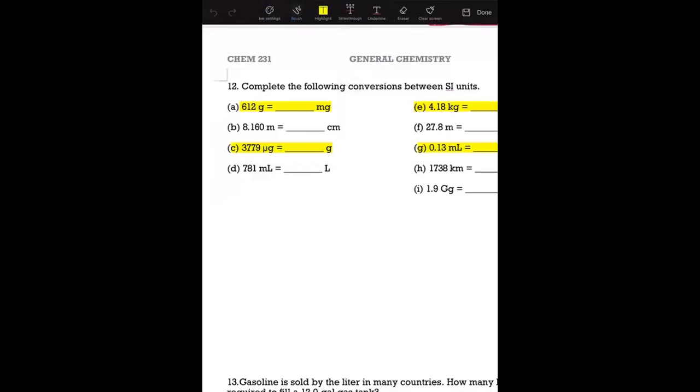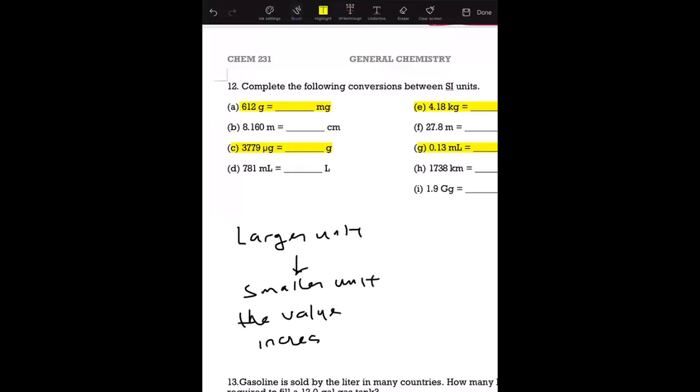If I go from a larger unit to a smaller unit, the quantity or the value increases. And by the same token, if I go from smaller to larger, the value is going to decrease.